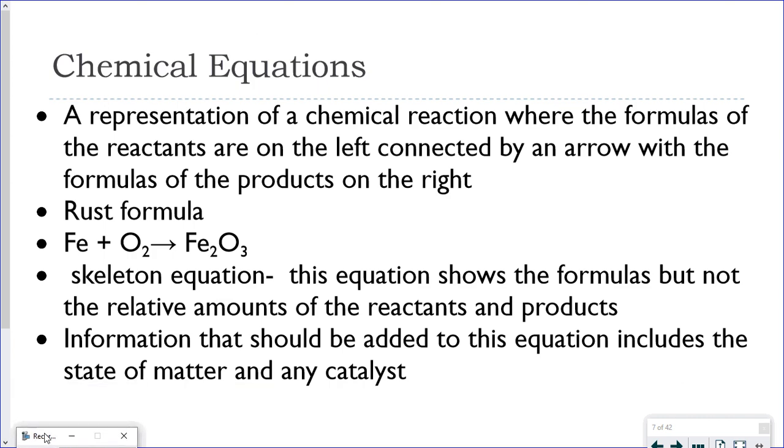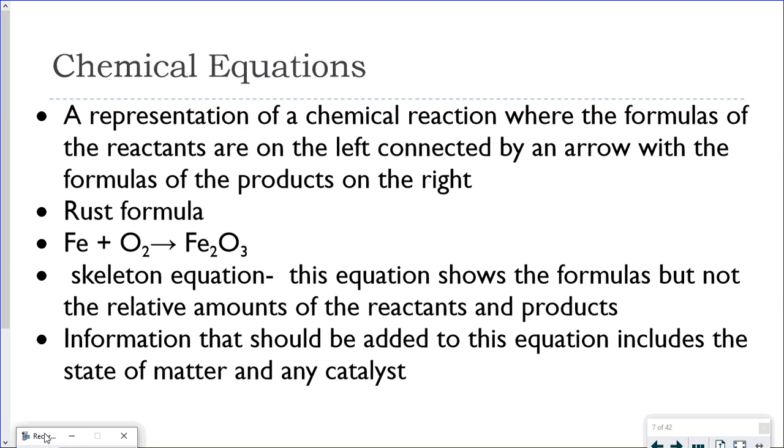Another way that you're going to see chemical equations is you're going to have a representation with the chemical reaction where the formulas of the reactants and products are used instead of the names. So an example is our same rust formula. We said iron, which is Fe, plus oxygen. Remember, oxygen is diatomic, so it's O2.